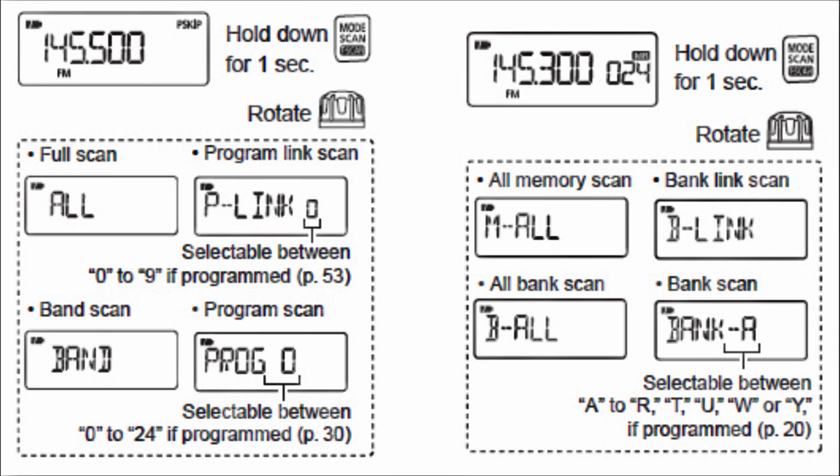Then on the right hand side of that diagram, you now have a bank scan, and this is where you need to have the memory recall option selected, and then when you hold down the scan button for 2 seconds, you can then start scanning through the different banks that you set up, bank A, bank B, bank C, and that is your narrowed down grouping of memory channels that you actually want to be very active in when you do your actual scanning.